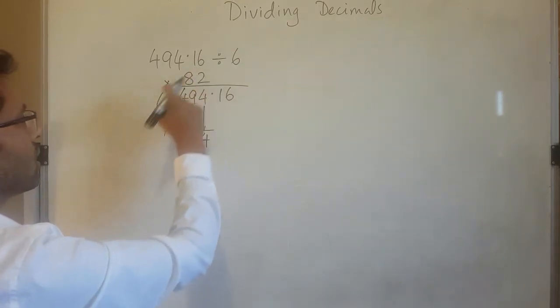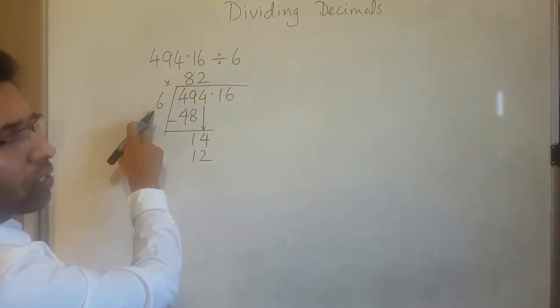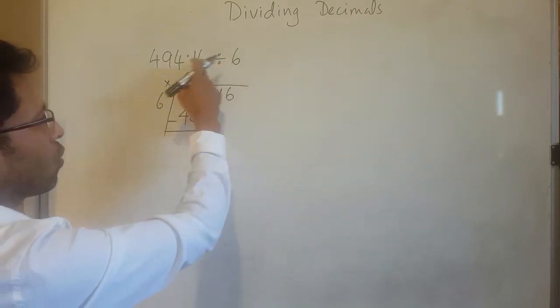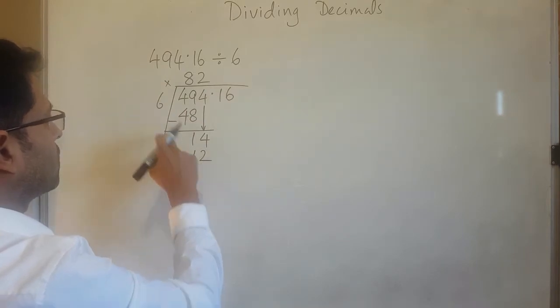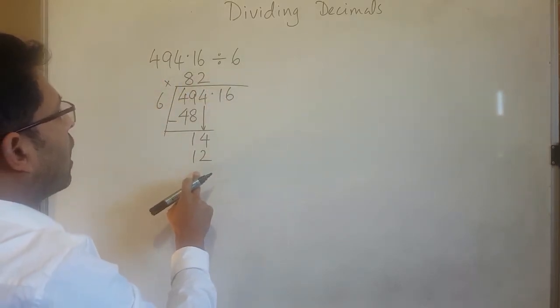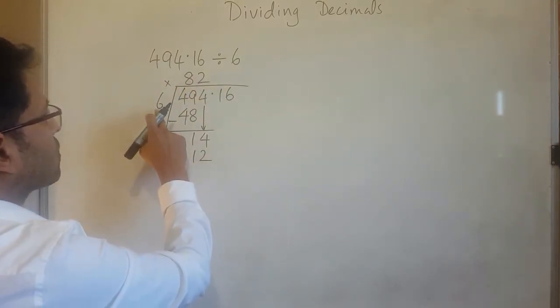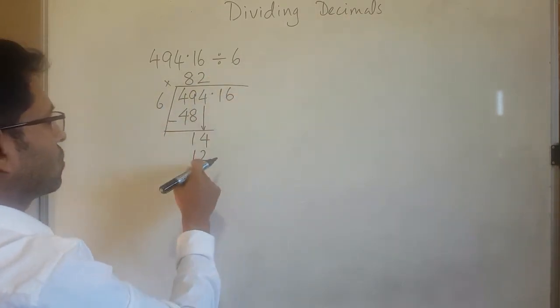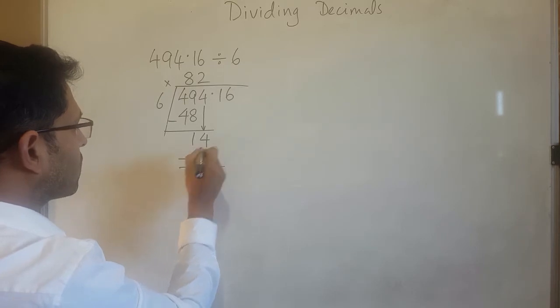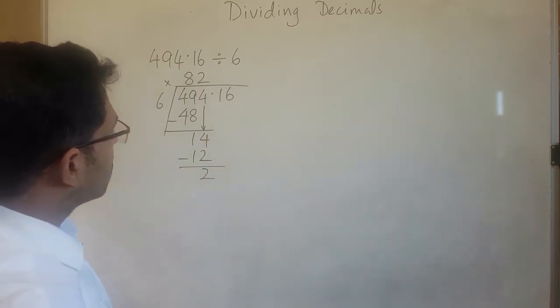What we are doing here is this is called the divisor, and this is the quotient. We are getting the multiplication value here: 6 times 2 is 12. 6 times 3 is 18, so we can't go for 3 times. If we go 12, then we still have 2 left.